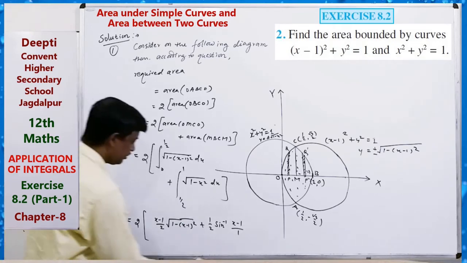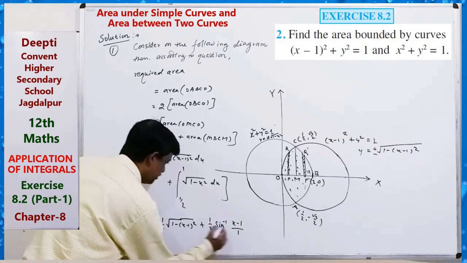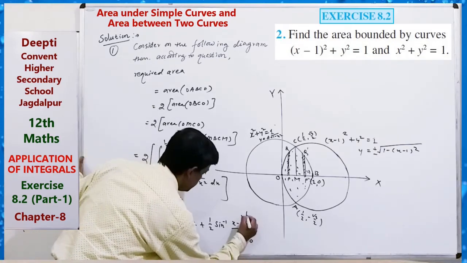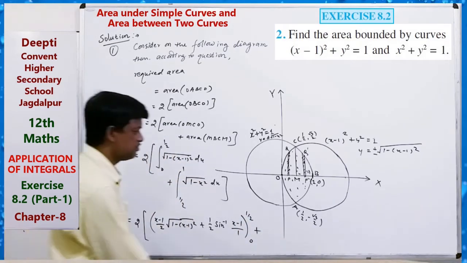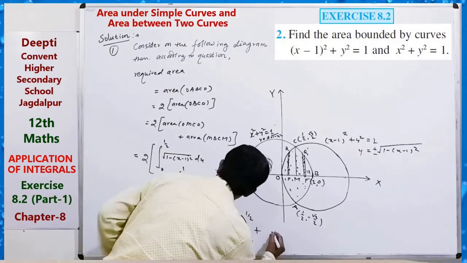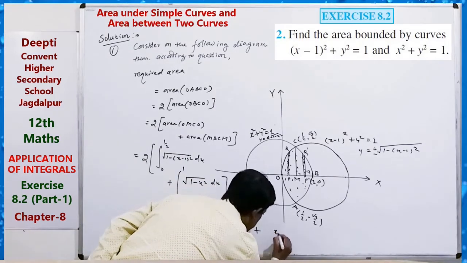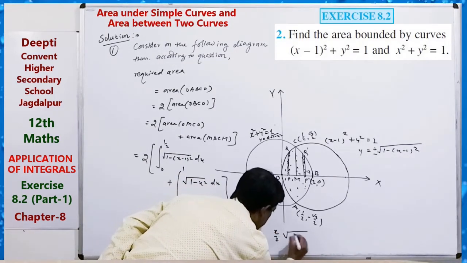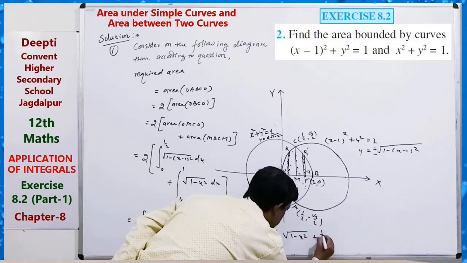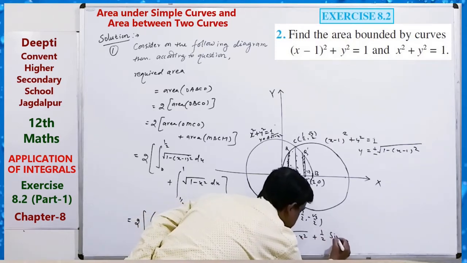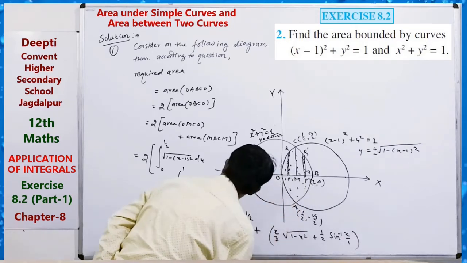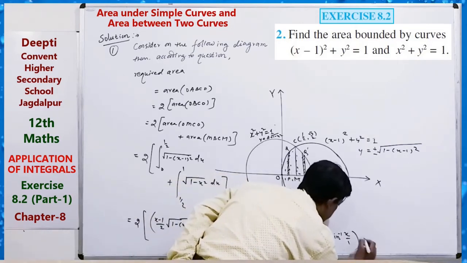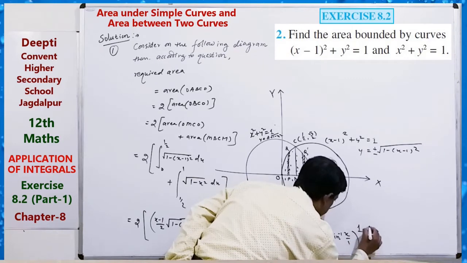Clear? This is the first part, limit from 0 to half, plus the second, which also uses the same direct formula: x by 2 root of 1 minus x square plus 1 by 2 sin inverse x by 1, limit from half to 1.